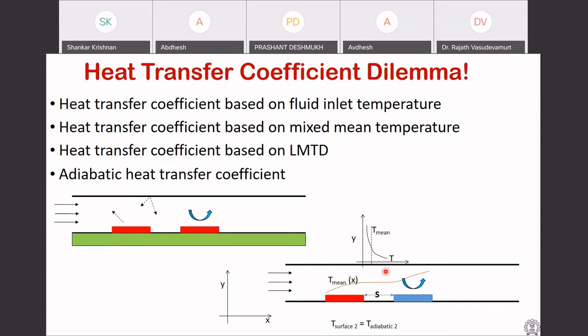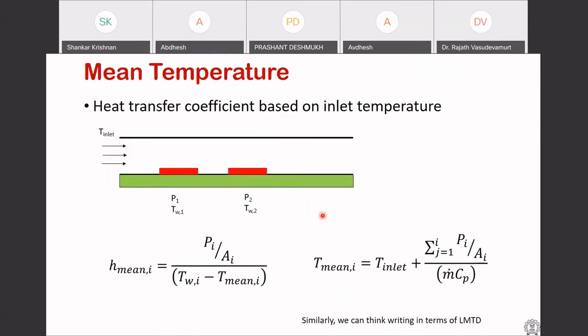So this same profile will hit the next heat source. That means even though my mean temperature, this dashed line, will be a lot less, the mean temperature based definition will also fail as a reference temperature, as I am showing here.